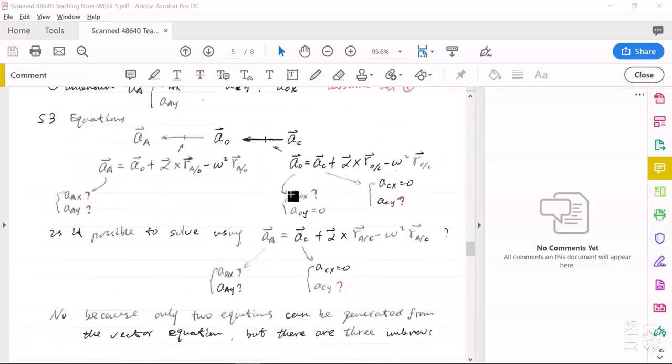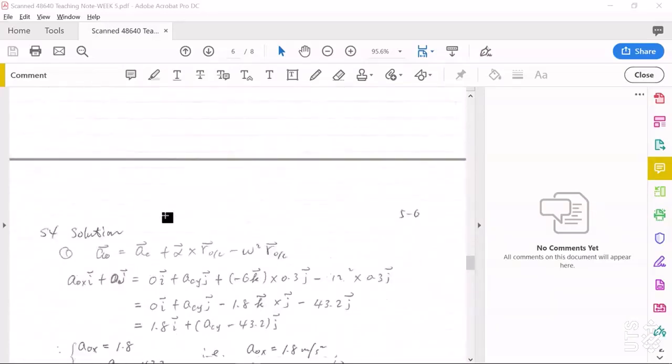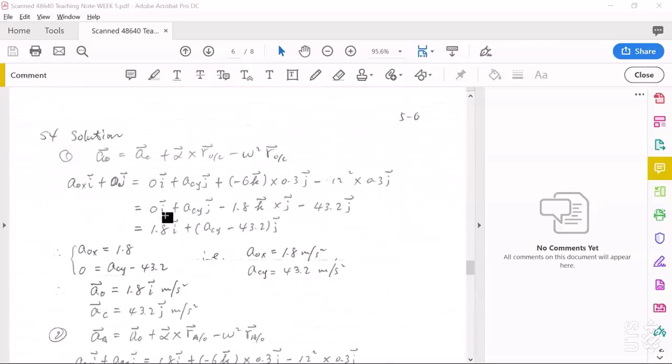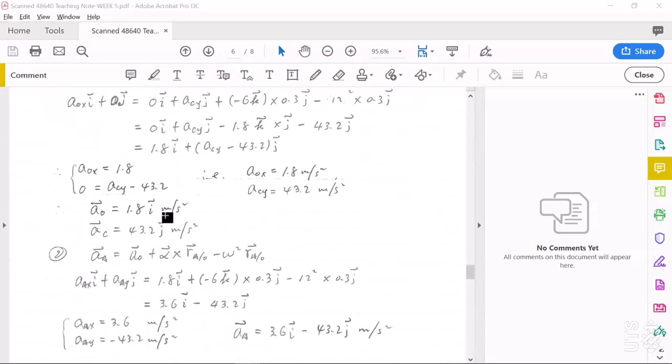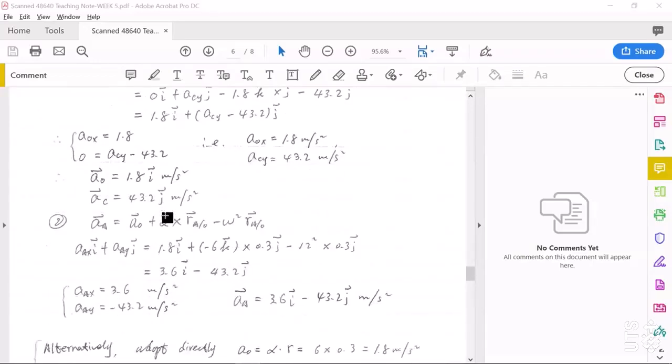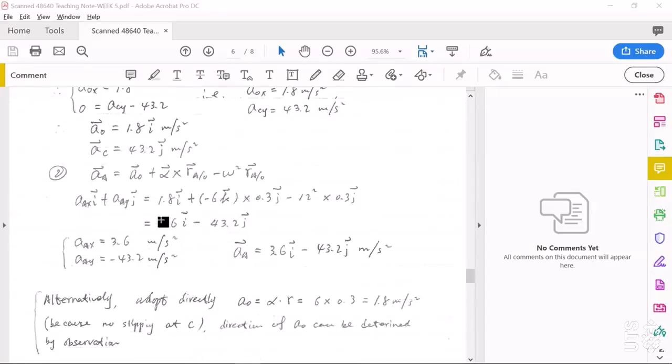Then we substitute AOX into this equation to work out AAX and AAY directly. That's the solution. And I suggest you do a practice to work out your final answer and then compare to my solutions.